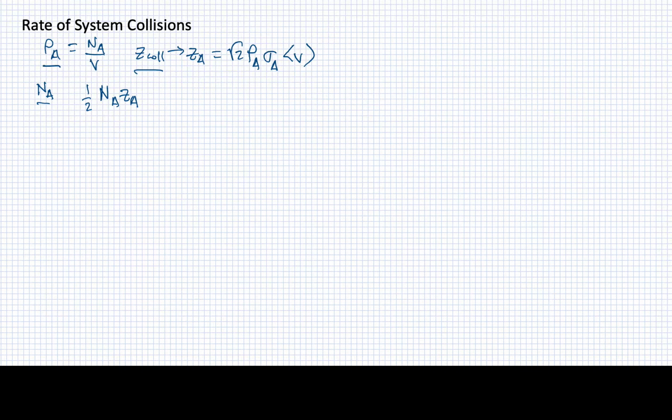So if I were to develop what I'll call the AA collision rate, for two different molecules of A, it would be 1/2 times this. Now, this is the number of molecules in a volume V, but let's renormalize by the volume so that we can talk about an intensive quantity of collision rate. So I'm going to have Na divided by V multiplying this ZA.